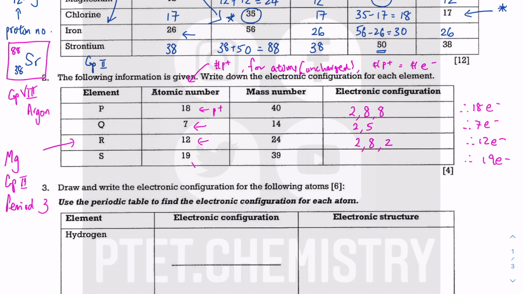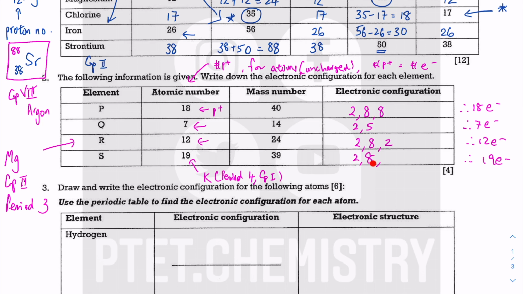Okay. Element number 19 is potassium. So potassium has 19 electrons. If you look at position of potassium in the periodic table, start from hydrogen, and you know that this is period 4, the fourth row in the periodic table, and this is group 1. So it's going to be 2, 8. You play your snake ladder, hydrogen to helium, lithium to neon.